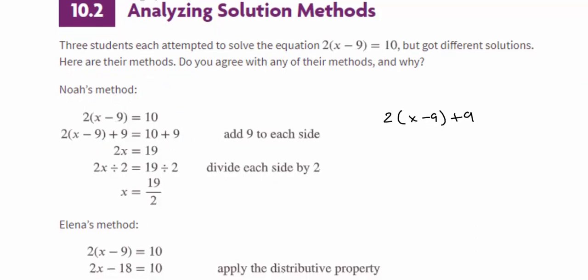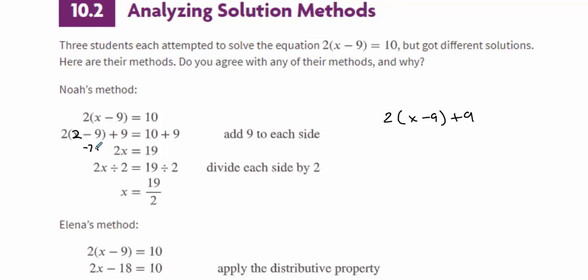And just to be sure, we can put a number in here for x. Let's say we have a 2. Let's put a 2 in for x. 2 minus 9 is negative 7, sorry.